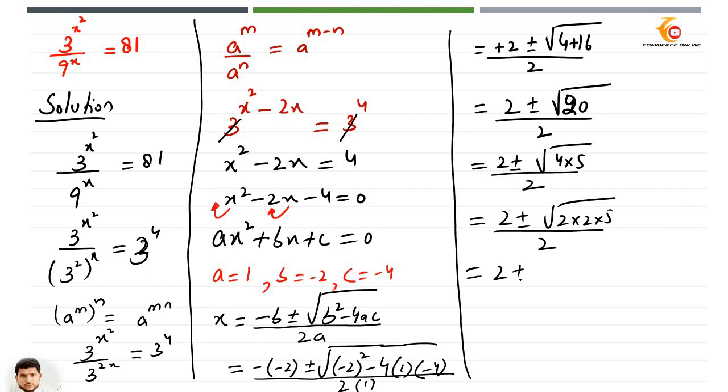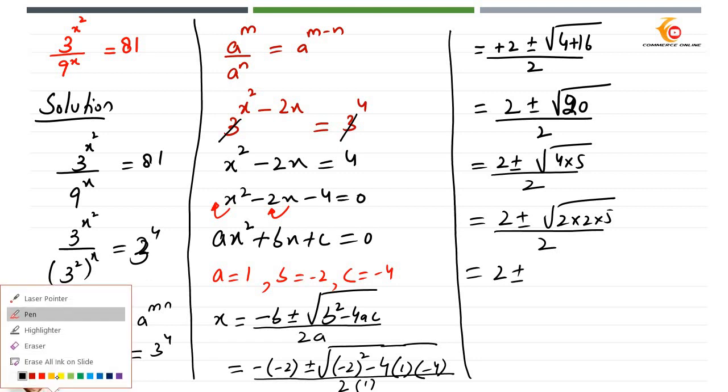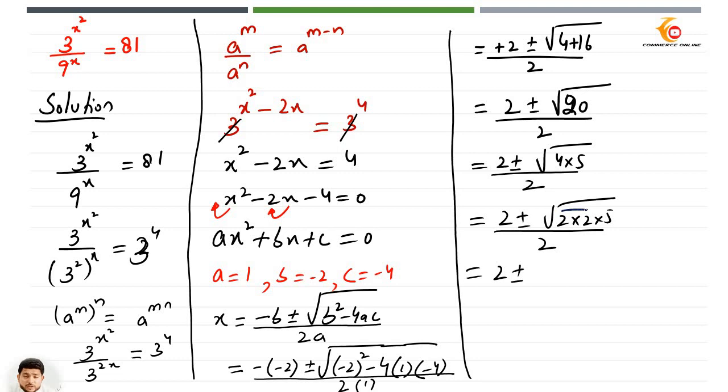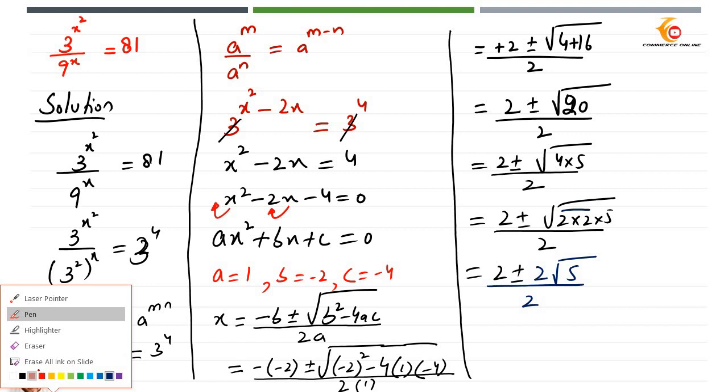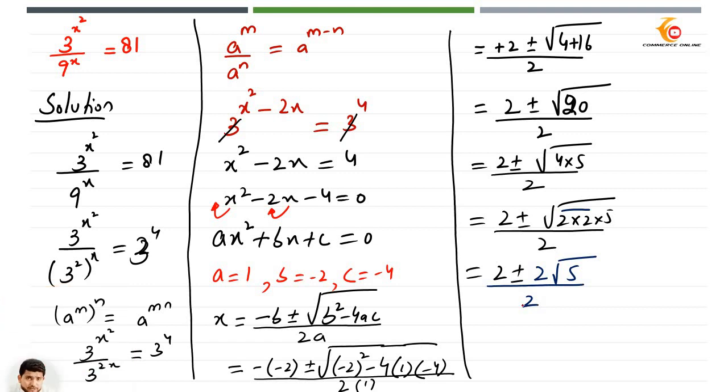And now 2 plus minus, that 2 multiplied by 2 can make a pair and that will come out of the root. So we're going to have 2 plus minus 2 under root 5. Now what we have is 2 is common, so we're going to have 1 plus minus under root 5 divided by 2, because 2 is common in this series, so 2 will be cancelled with that.